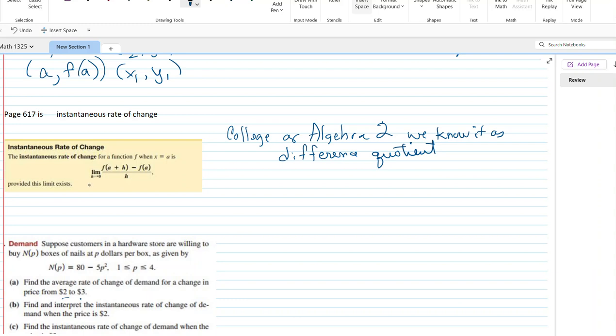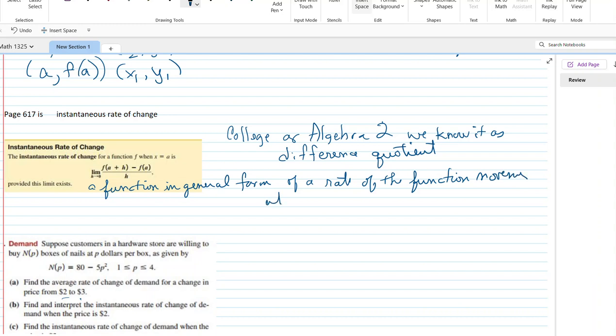What this gives us is a function, a general form of the rate of the function movement at one point.